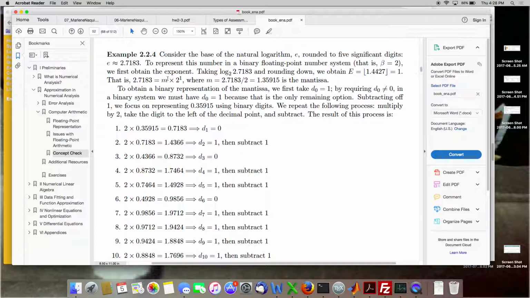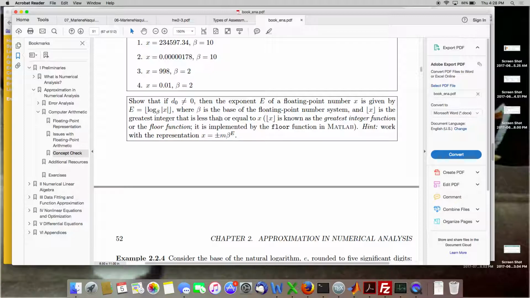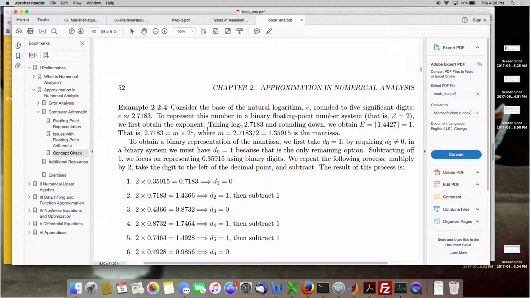If you take the log of both sides of this equation, after taking the absolute value, you get log x equals log m plus e, because you're taking the log to that base. E is an integer, so the rest of the log is log m. That's why whatever's in the mantissa doesn't play a role in determining the exponent.